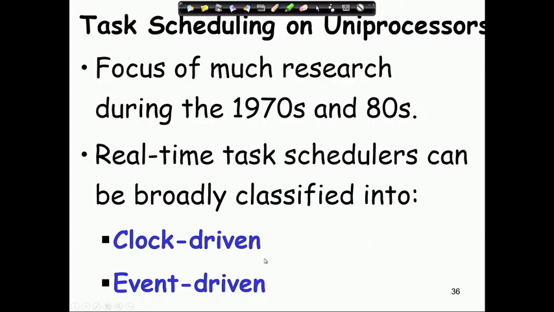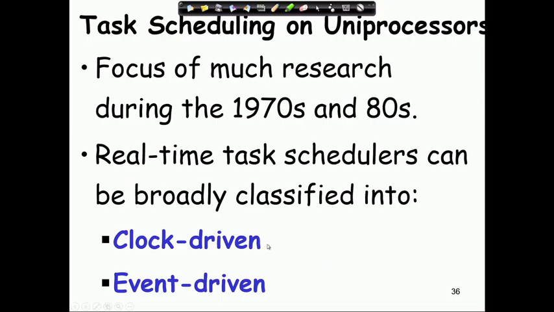If you remember what we said in the earlier slide, if the scheduling points are generated by a clock interrupt, these are called clock driven schedulers. So, here based on a timer, the scheduler becomes active periodically, and that is a clock driven scheduler.